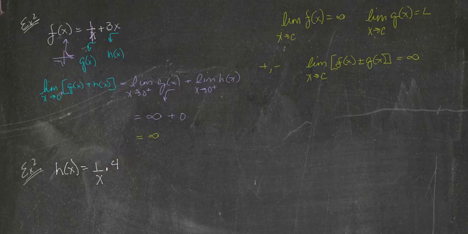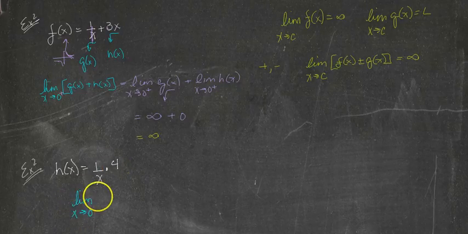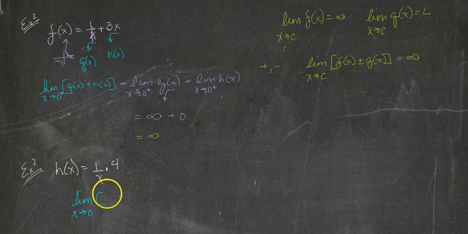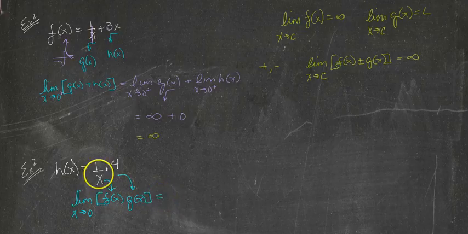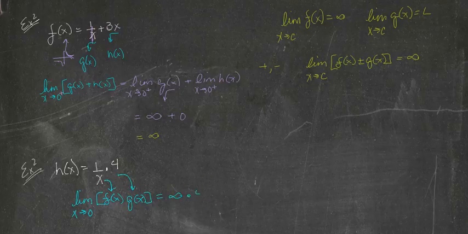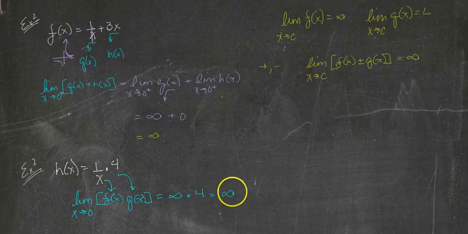So if I wrote it out, the limit as x values approach 0 of f of x times g of x equals, well, the limit of 1 over x equals infinity, and the limit of 4 equals 4. And even if I'm multiplying infinity by 4, it's still infinity. It's not going to change infinity to multiply infinity by 4. And so that is also equal to infinity.